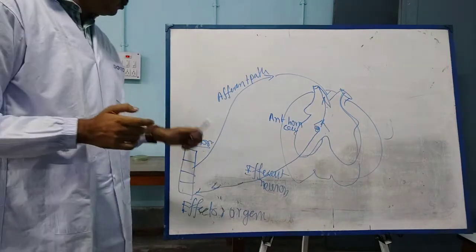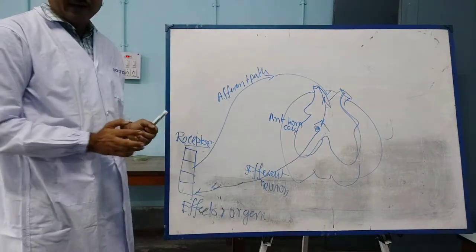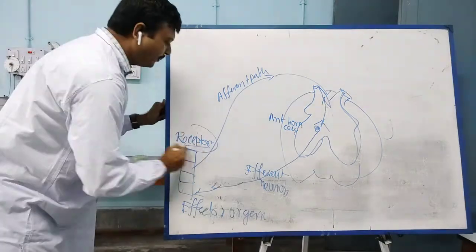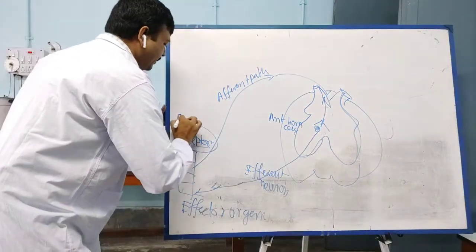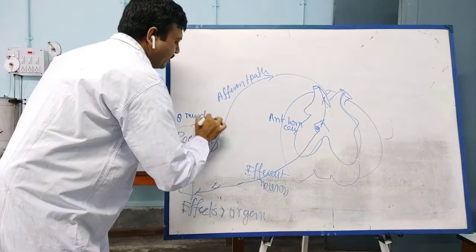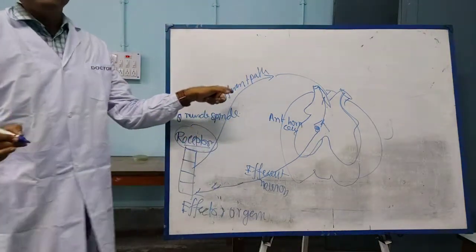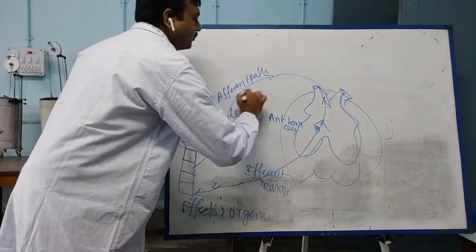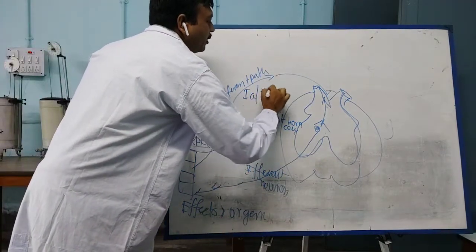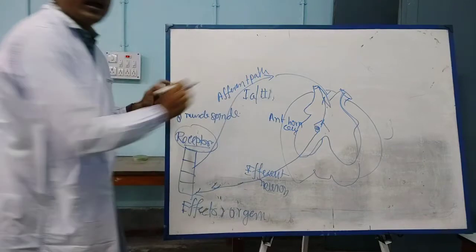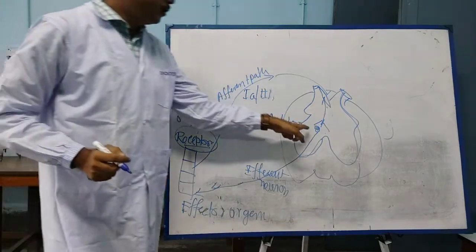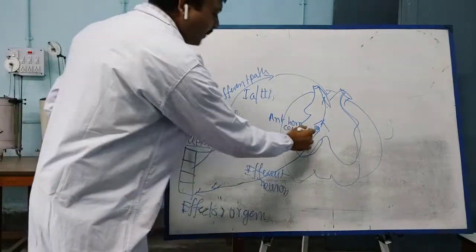muscle. So, for reflex to occur, this receptor is usually muscle spindle. It sends the information via 1A or 2 afferent fiber. Then it goes to the integrating center, that is the spinal cord.